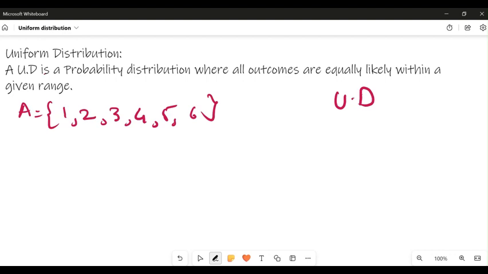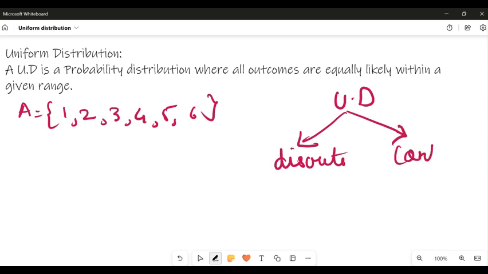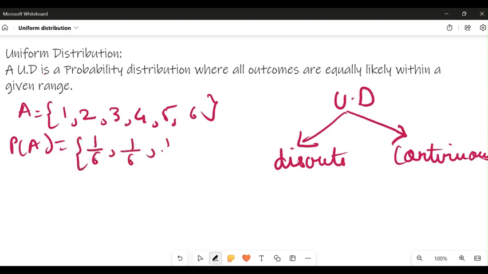There are two types of uniform distribution. One is discrete and another one is continuous. The example that I'm giving now is of the discrete one. If you find the probability for each and every value from 1 to 6, then the probability of 1 is 1 by 6, for 2 also 1 by 6, for 3 also 1 by 6.